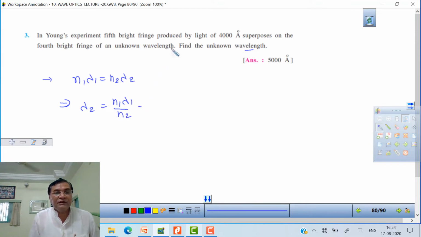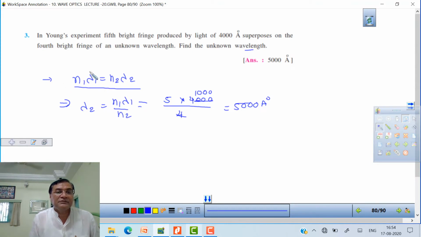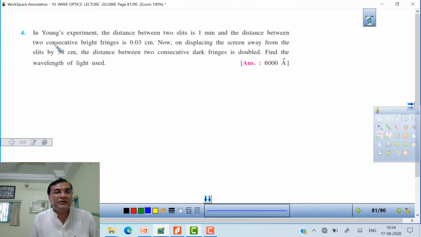So n1 is the fifth one, so 5 into 4000 divided by n2, the fourth one. So this is 1000, and you will get 5000 angstrom. This is a very simple formula. When they are superposed, you will always use n1 lambda 1 is equal to n2 lambda 2.